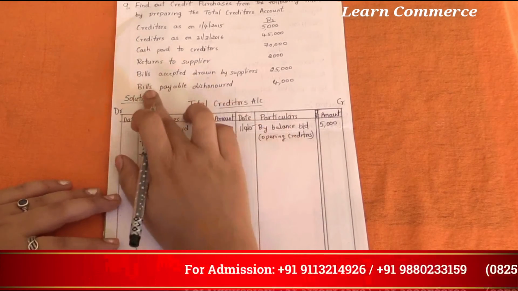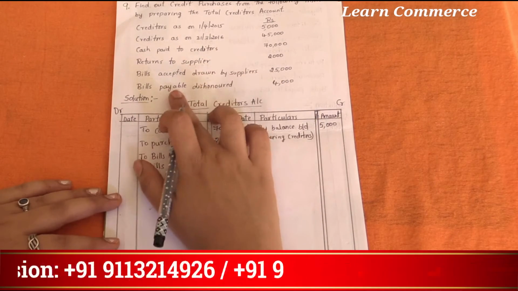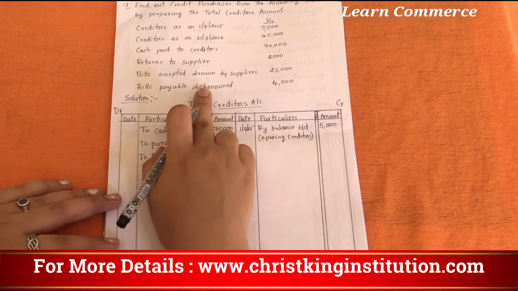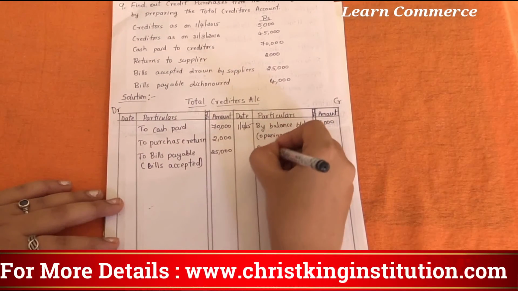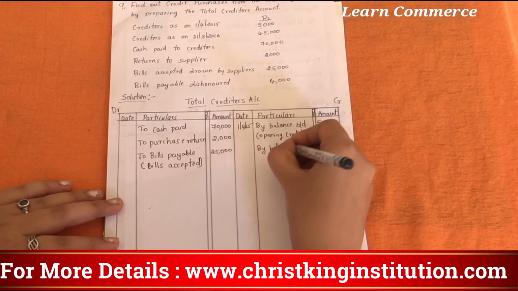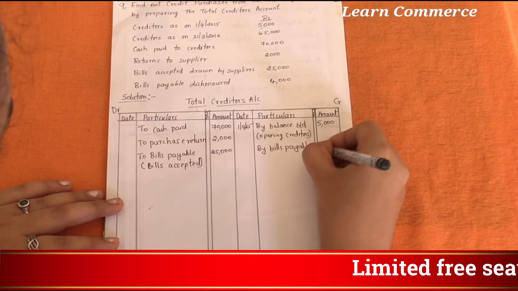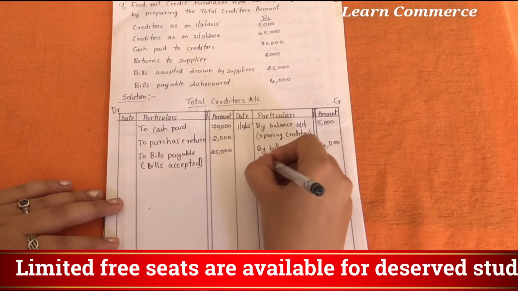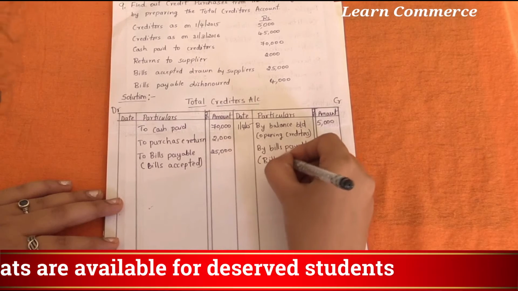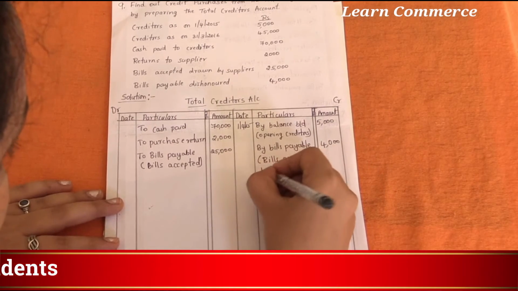Then bills payable dishonored rupees 4,000. Bills payable dishonored we should record in the credit side, that is by bills payable, amount is 4,000. In bracket we should write bills payable dishonored.